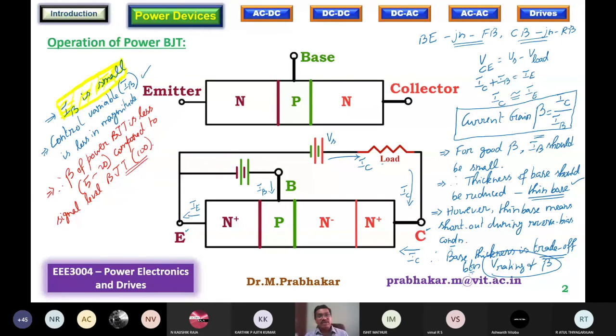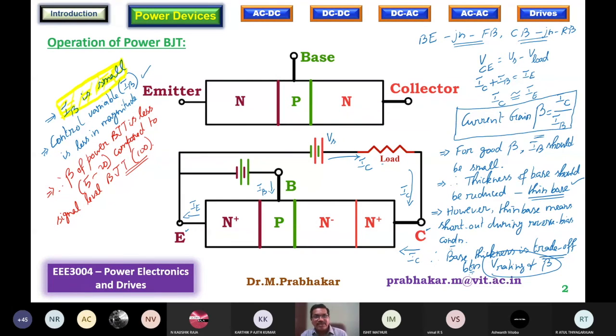So compared to a signal level BJT, beta of a power BJT will be less because the base thickness is responsible for the voltage rating as well, indirectly. Fine. So if we have a thick base for a power BJT considering the voltage rating, then current gain will reduce. Fine. So we have to have a trade-off. That is what is being done. Otherwise, the operation is going to be exactly similar.